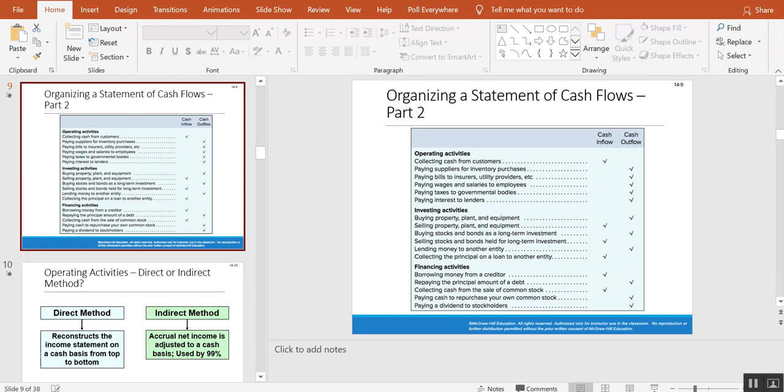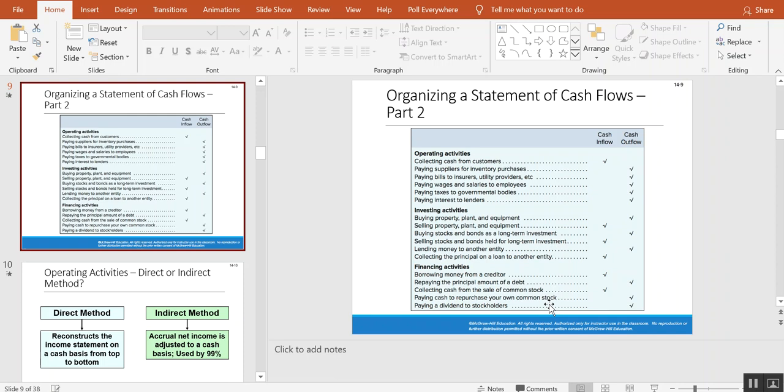Investing activity would be where we purchase property, plant, and equipment, or if we buy stocks or bonds, or if we sell stocks or bonds, lending money to another party, and so forth. Financing would be borrowing money from a creditor or even collecting cash from the sale of common stock, which is what I mentioned earlier.